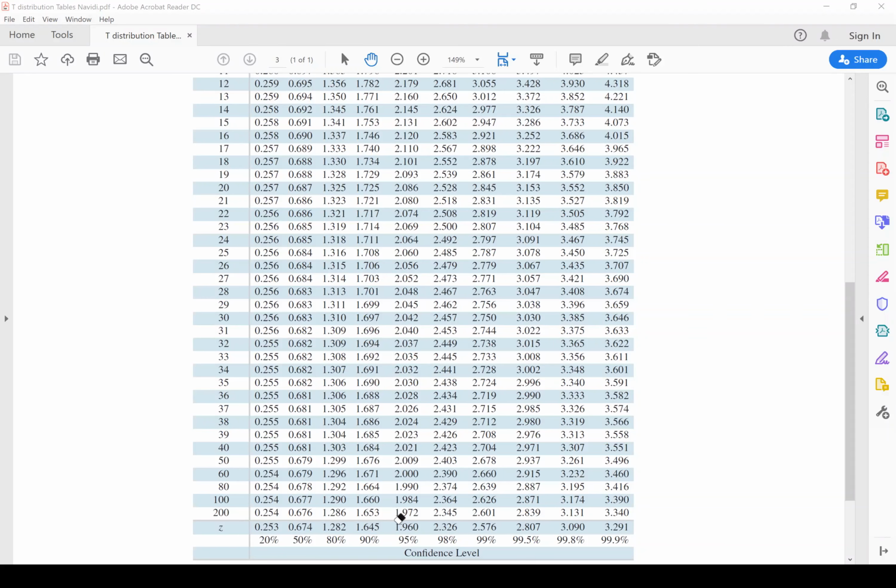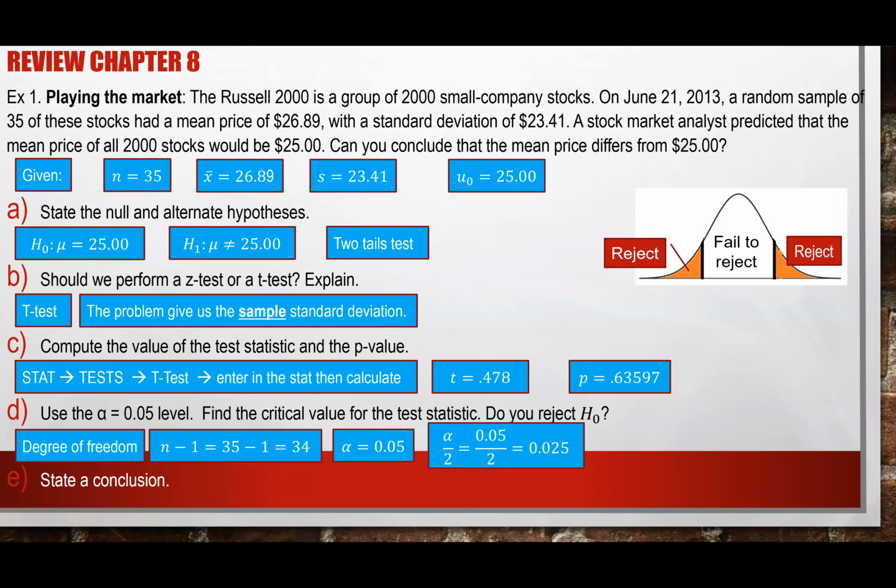Okay, so we know that our critical value is 2.032, which means on the left side is negative 2.032, and on the right side is positive 2.032. So now, if you don't use the p-value and you use the critical value, do you agree that this t, 0.47, is somewhere in the middle here?